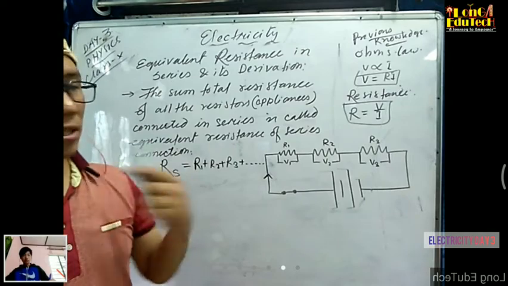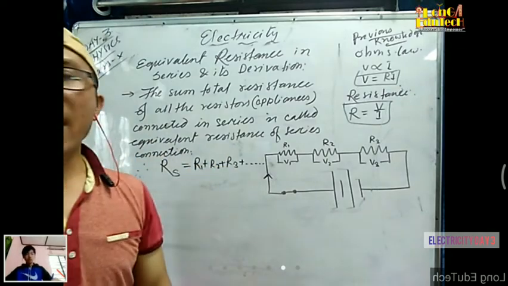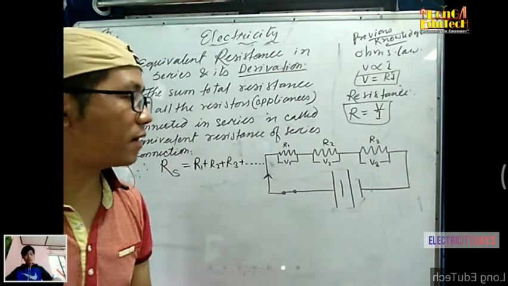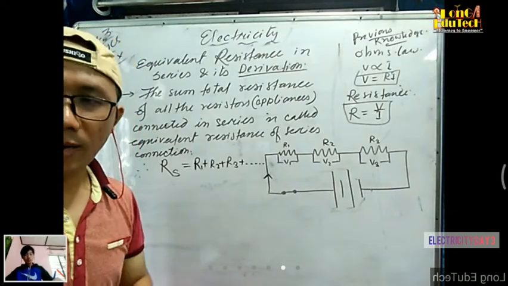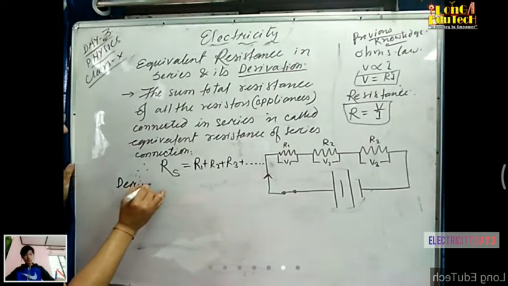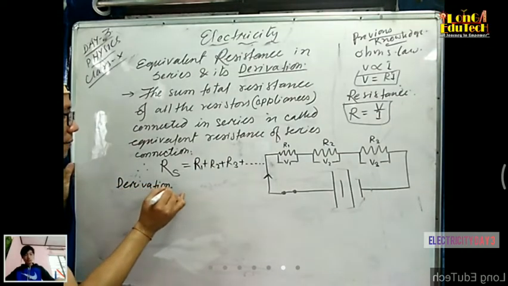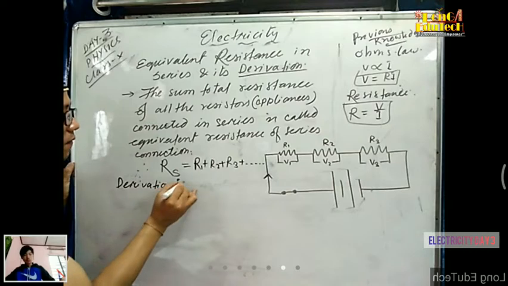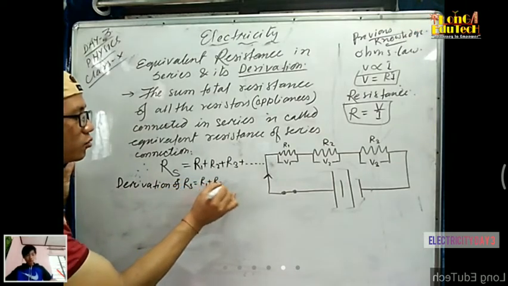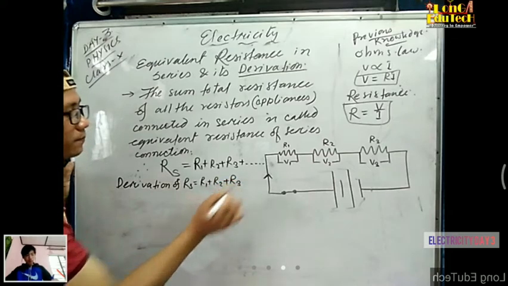Okay, so this is just the definition and its derivation. We are going to derive these equations. अभी आएगा derivations. Derivation क्या derive करने का है? Derivation of RS is equal to R1 plus R2 plus R3.